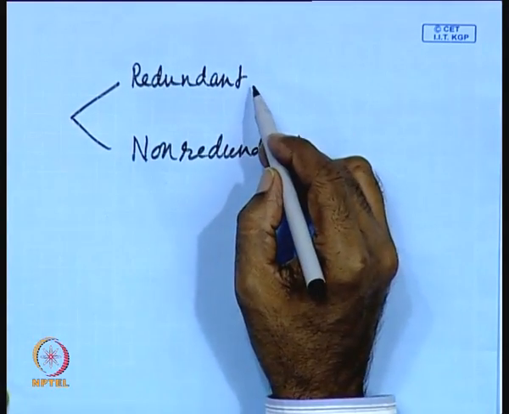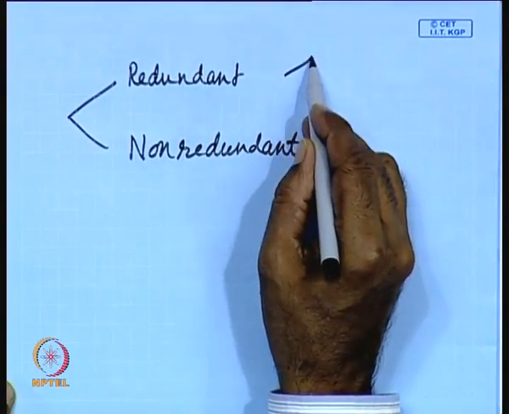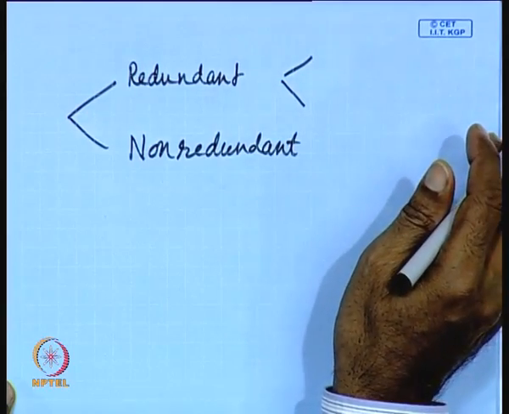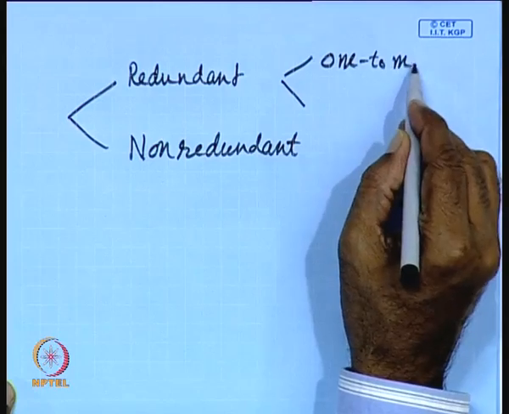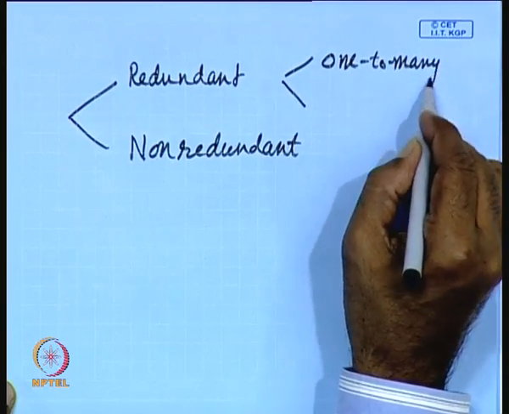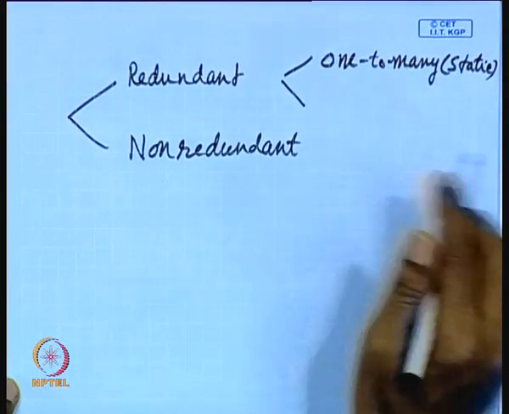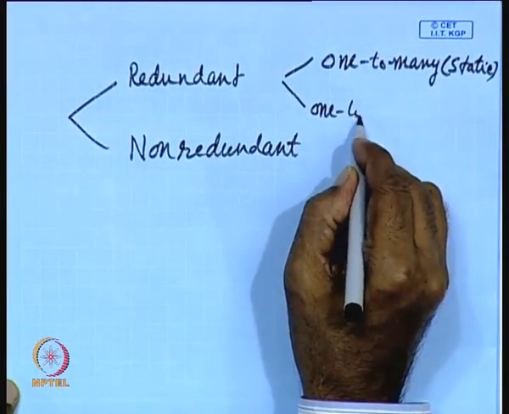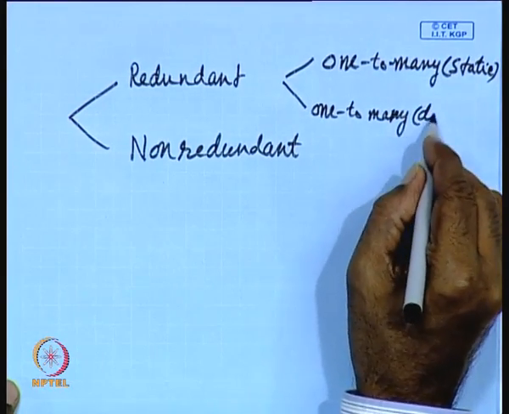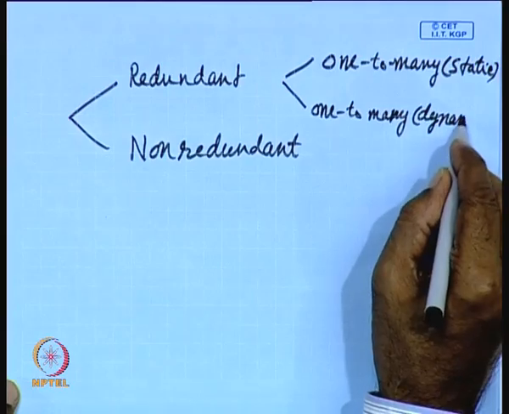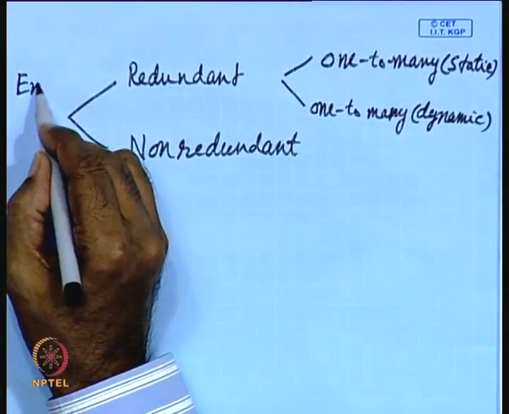Then whenever you are using redundant encoding, there are two alternatives. One is one to many static, or it can be one to many dynamic. So, these are encoding techniques.